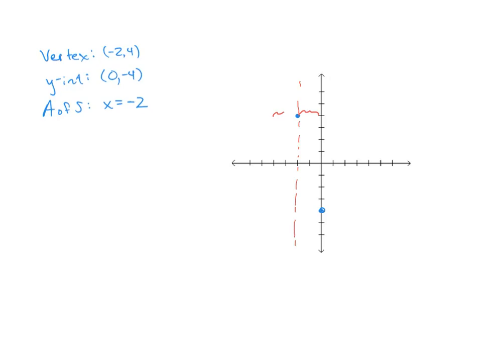We will also be at negative 4. So my symmetric point is (negative 4, negative 4).